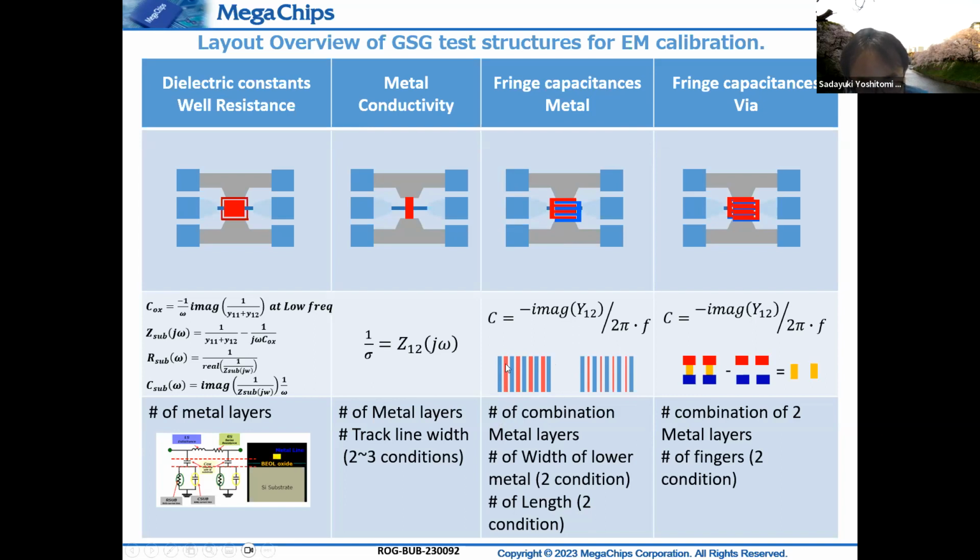So to compare the capacitances between these two sets of test structures, we can see the differences of fringing capacitances between the first metal and this metal in red.